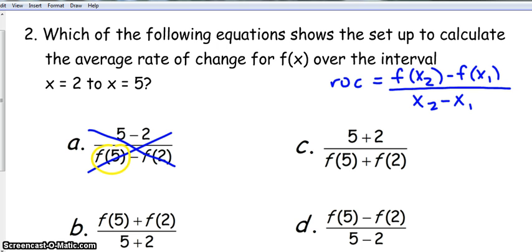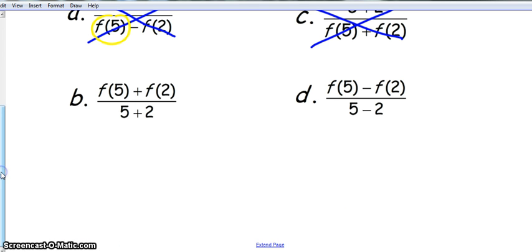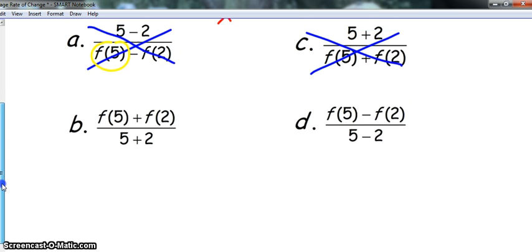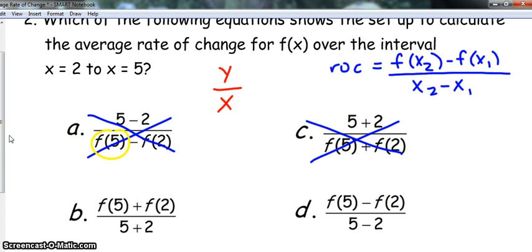F of x is y, and we always know that we're going to have y over x. So that eliminates A. What else does that eliminate? Which other answer choice can you get rid of immediately? That's right, C. All right, so now the question becomes, is it B or D?